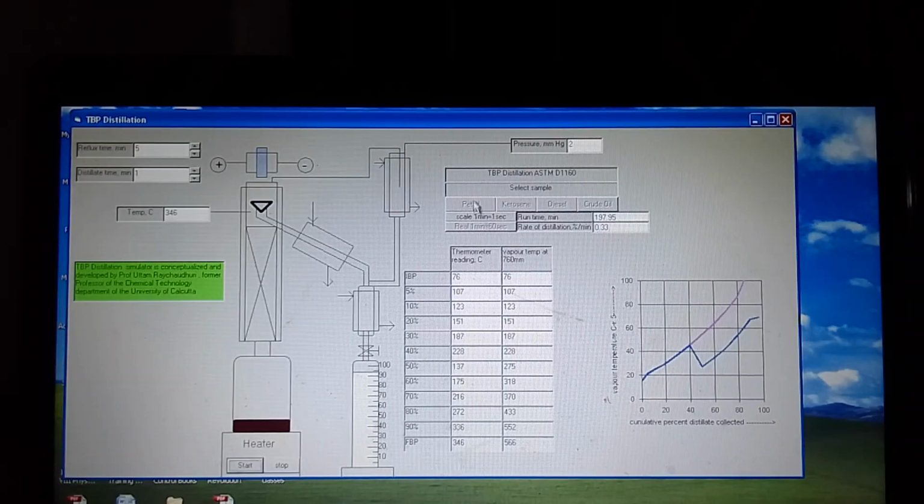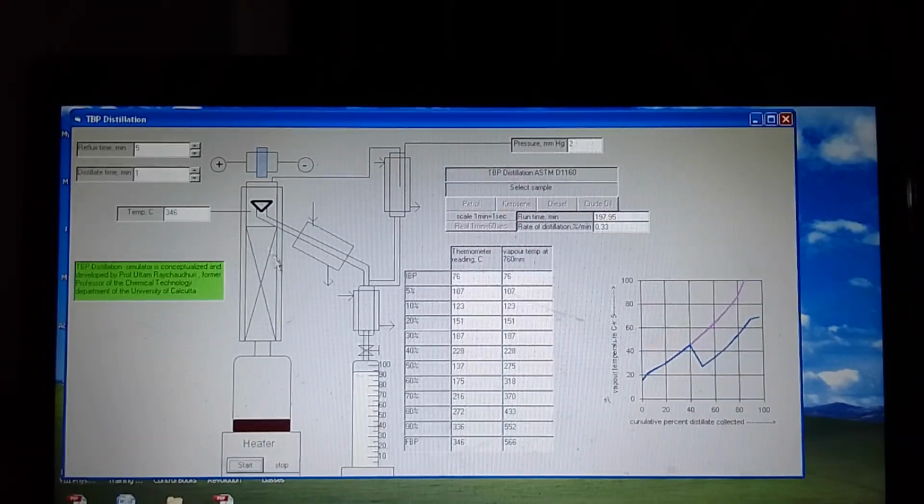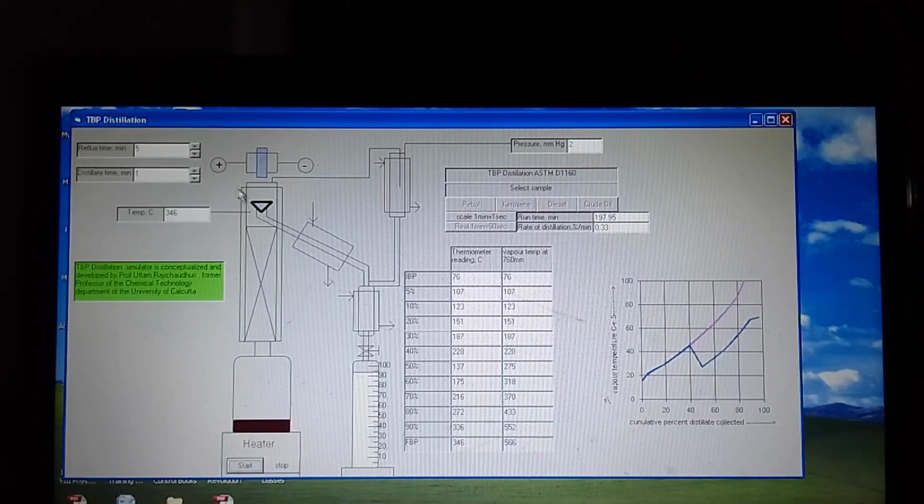We can also carry out for lighter petroleum products like petrol, kerosene, diesel, but usually it is not necessary because this system is much costlier than a steam system because of so many things like packings, which is considered to be almost equivalent to 20 equivalent plates in an industrial column, and the time of reflux and distillate also elongates the experiment, and naturally the size of the retort is large.